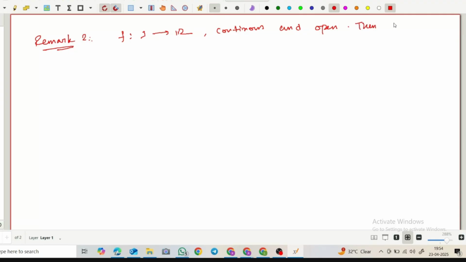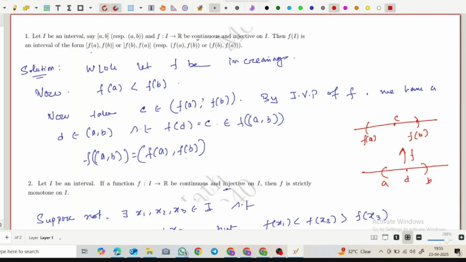Then f inverse... wait a minute, what have we proved this for?